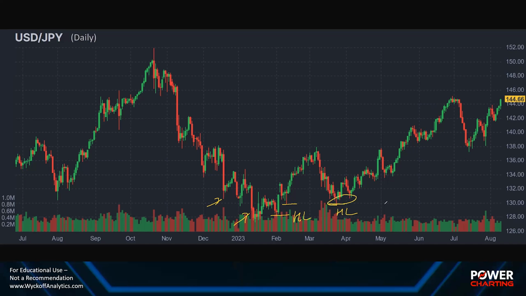So you have a real change of character taking place here in the way that this is all acting. I'm sure the pessimism was quite high at that point, but there was no longer any momentum to the downside at all.